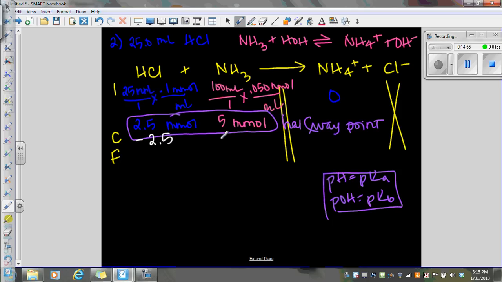limiting, so the reactant side will go down by negative 2.5, and the product side would go up by plus 2.5. No HCl left. I have 2.5 millimoles of ammonia left, and I have 2.5 millimoles of ammonium formed. So now I've got 125 milliliters.